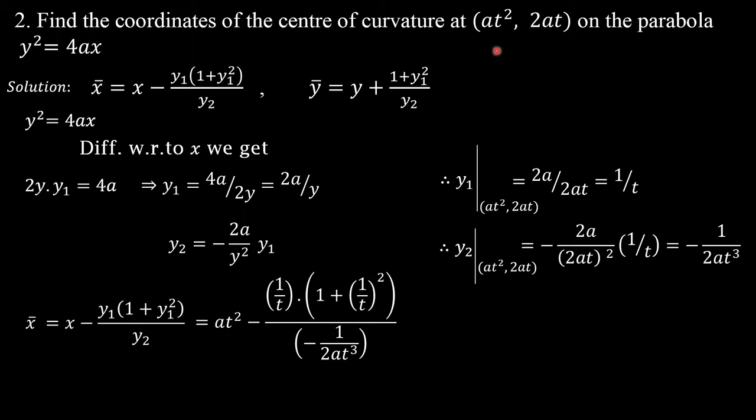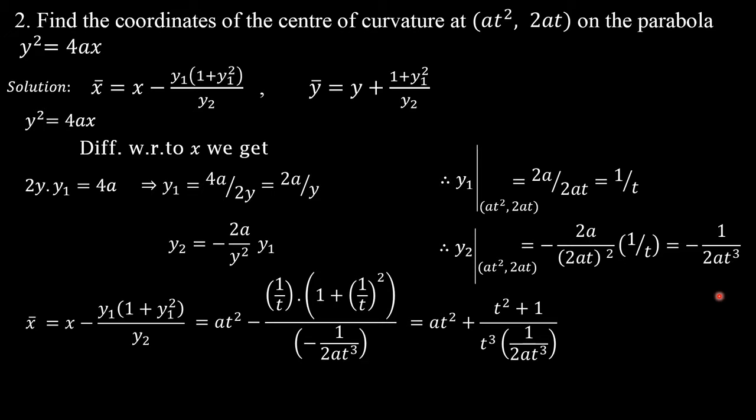So the value of x over here is at². And the value of y1 at the given point is 1/t. So substitute it: 1/t into (1 + (1/t)²) divided by y2. What is your y2 at the given point? y2 at the given point is −1/(2at³).